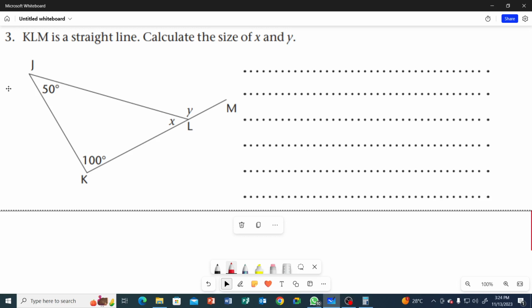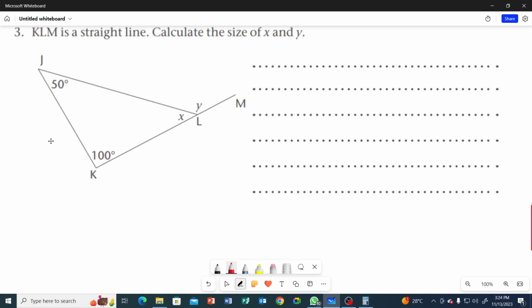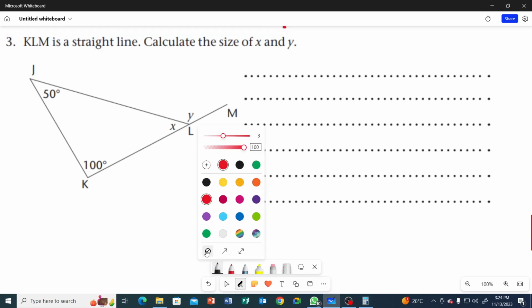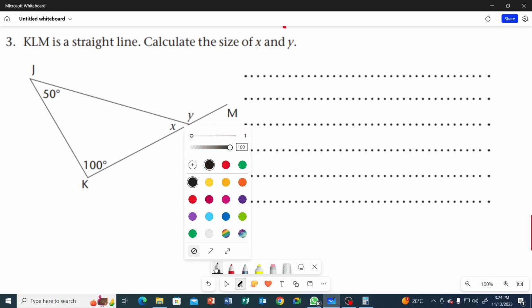Now, how do we attack this? You have enough information about the triangle, so you can calculate the sum of angles inside your triangle.